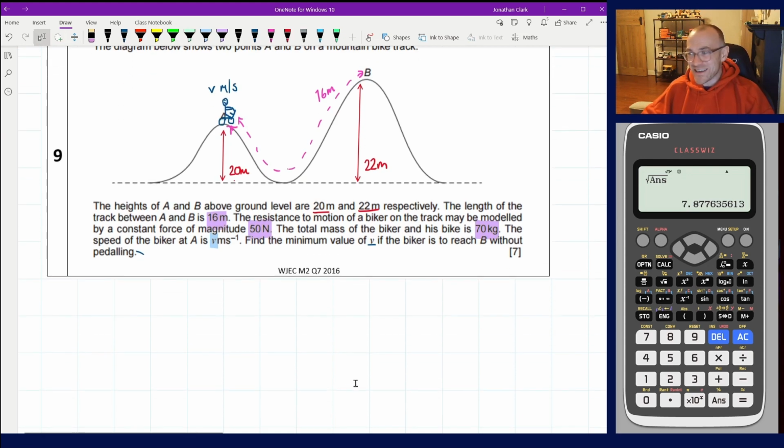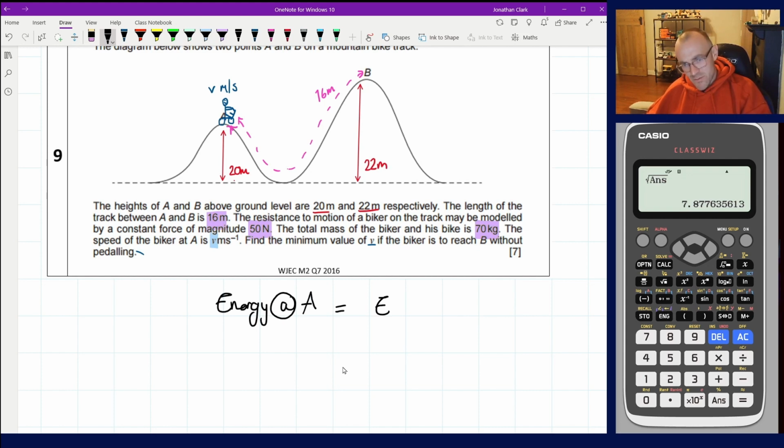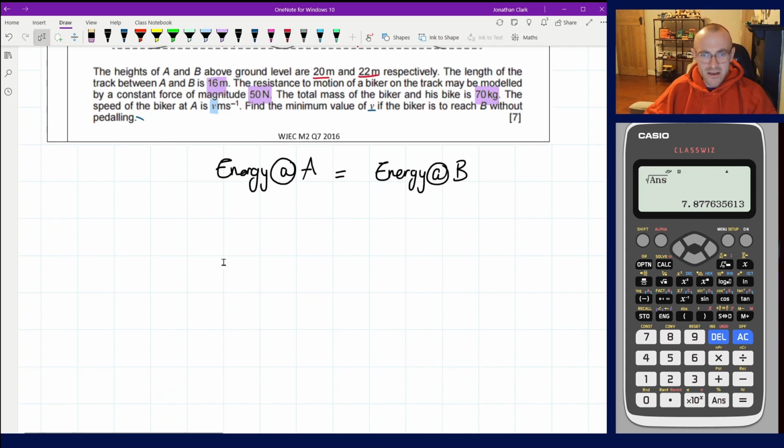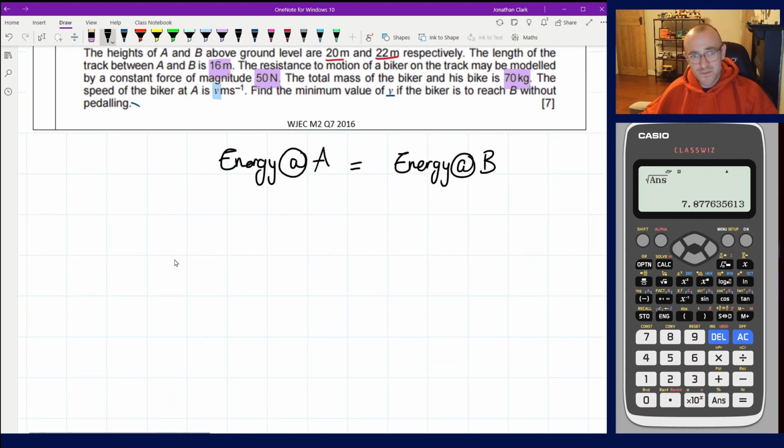So with all that in mind, here's my setup. This definitely seems like an energy problem to me, just on the information that I was told about heights and speeds and resistances. So I'm going to write down the energy at A equals energy at B equation.